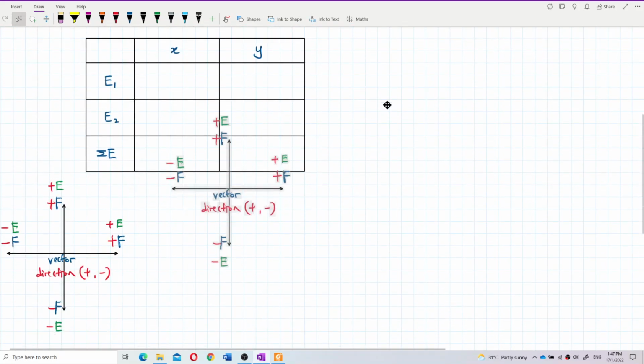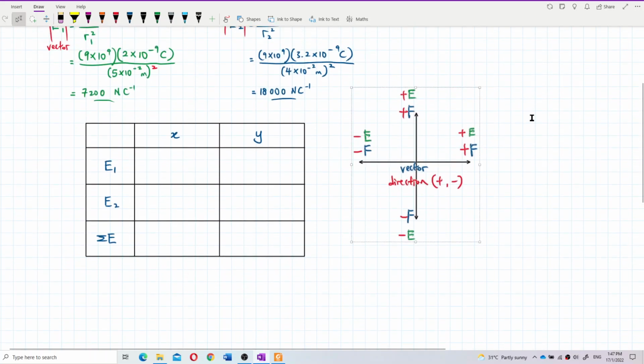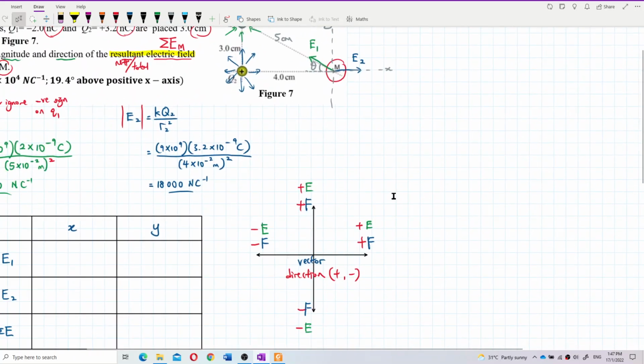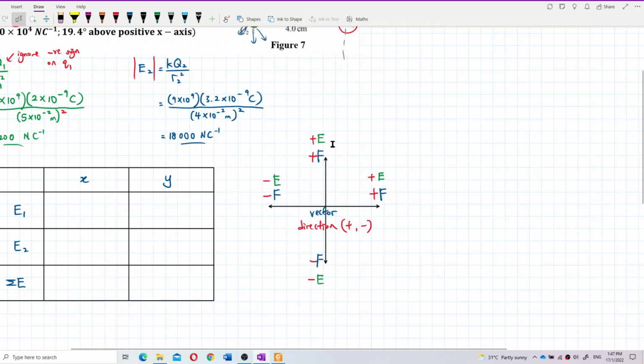Whenever we talk about electric field strength or electric force, both of these are vectors. Direction going to the right, we always say positive. Direction going to the left is negative. Direction going upward is positive. Direction going downward is negative.